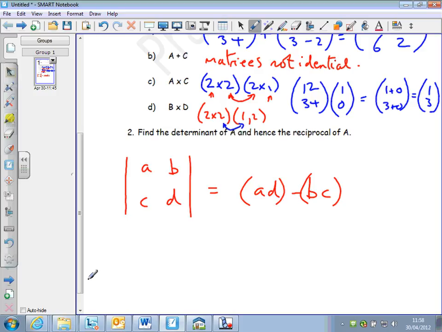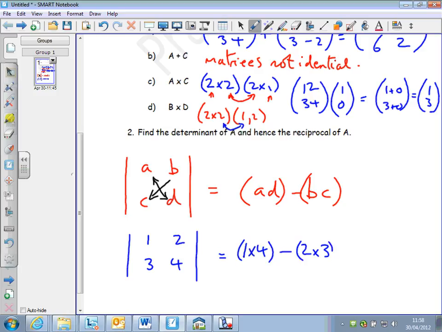If the elements are labelled A, B, C, D, then the determinant is A times D, which is called the leading diagonal, minus the other diagonal, B times C. So for this particular case, the determinant, and notice the use of straight lines, of the matrix 1, 2, 3, 4, is equal to 1 times 4 minus 2 times 3, which is going to equal 4 minus 6, which is negative 2. So that's the determinant of this matrix.